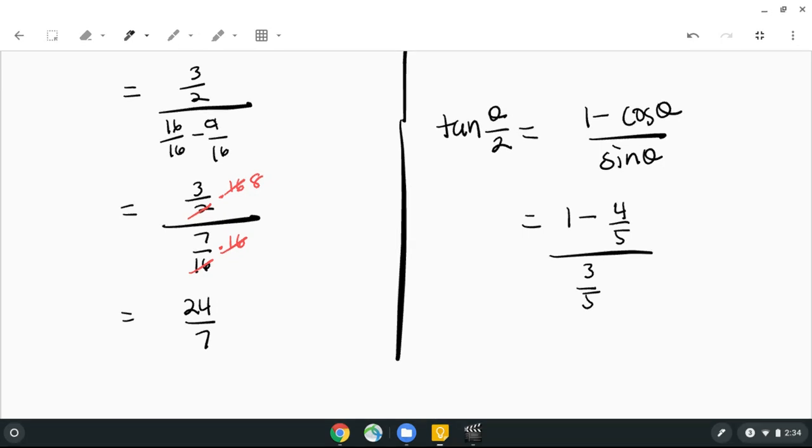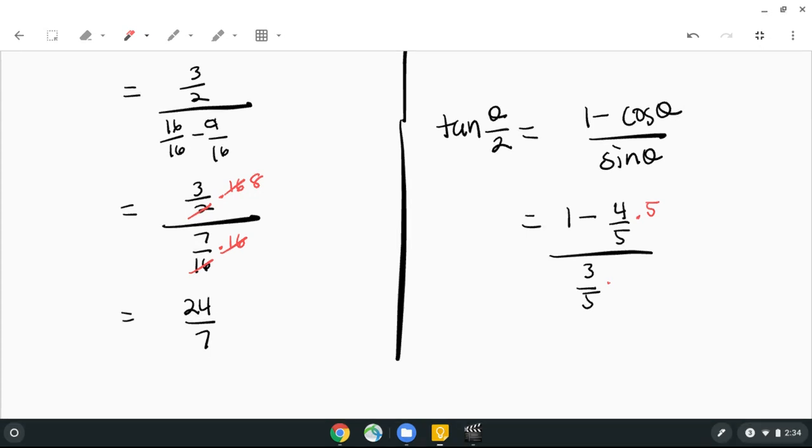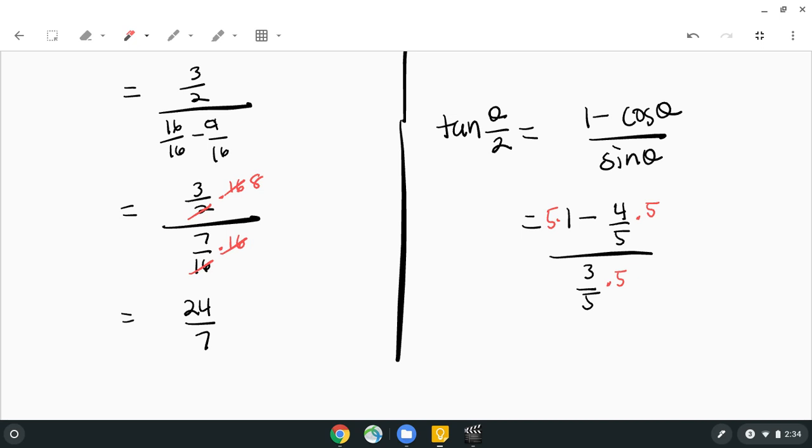Okay, so you could either do the subtraction right now, 5 over 5 minus 4 over 5, or you could just get rid of your, I call them minor fractions. So I can multiply everything by 5 to get rid of these minor fractions here.